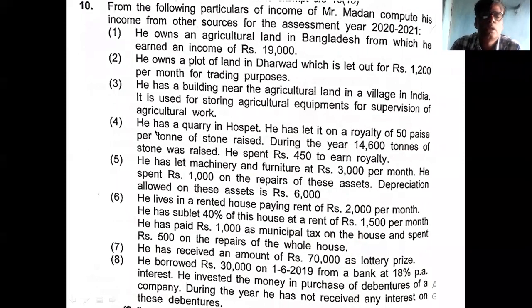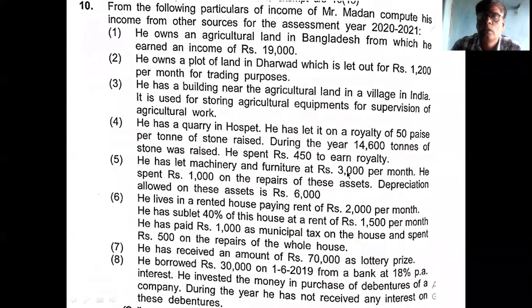And next is quarrying phosphate, royalty 50 paise, stone raised 14,600 tons, and royalties 7,300; 450 is the allowable expense. Next, he has let machinery and furniture at 3,000 per month. Spend 1,000, 6,000 depreciation, total 7,000 allowable expense.